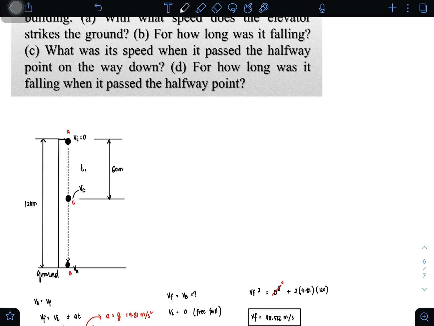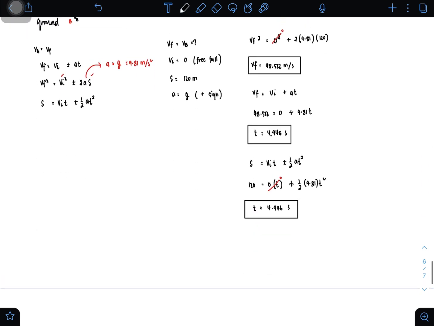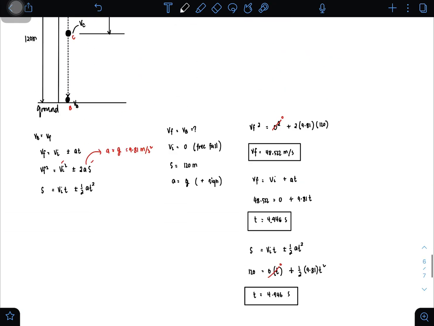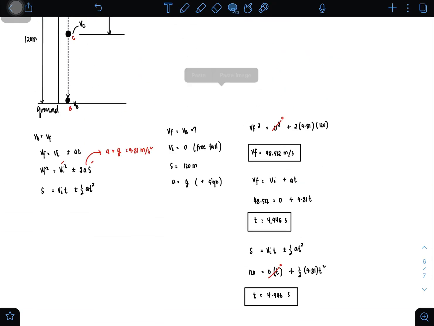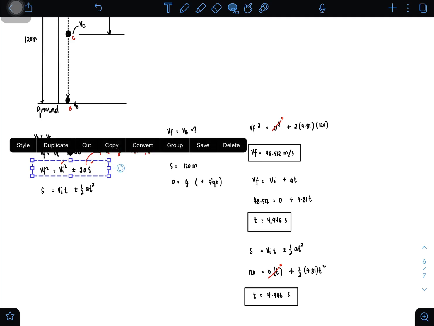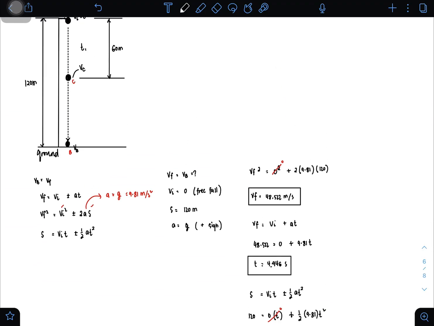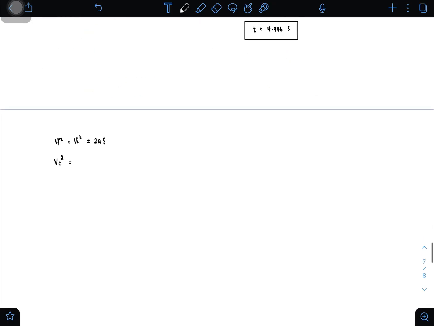Time 1. From here we just follow the same concept or formula that we used. We're going to use this one since we have a given distance and initial velocity. So we have VC, the final velocity, squared. VC at this particular point is the final velocity at midpoint.